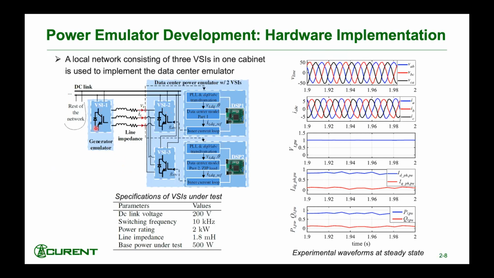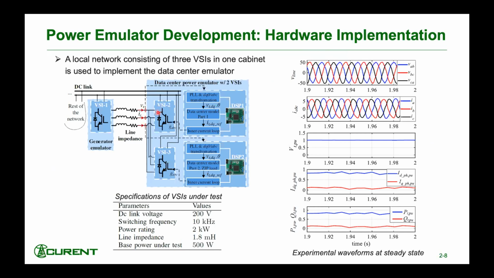So the first VSI is implemented as a generator emulator to represent the grid power source that is connected to the data center emulator through a line impedance. And then the data center emulator is implemented by VSI2 and VSI3, serving as all-in-one load.